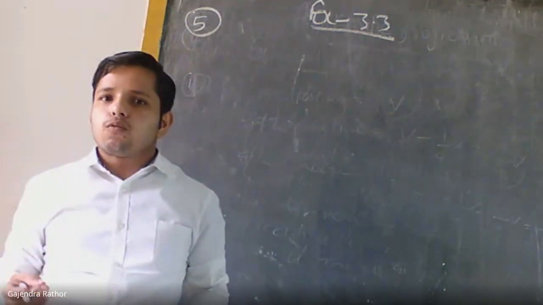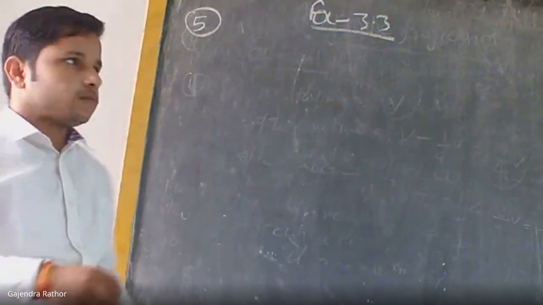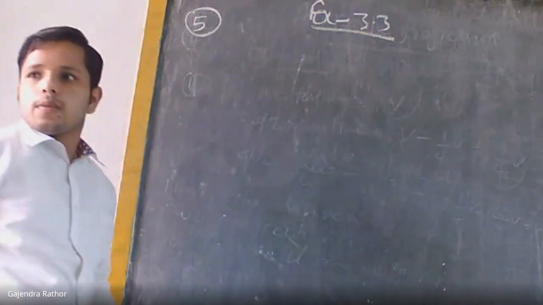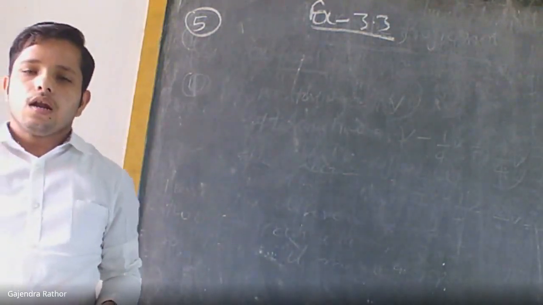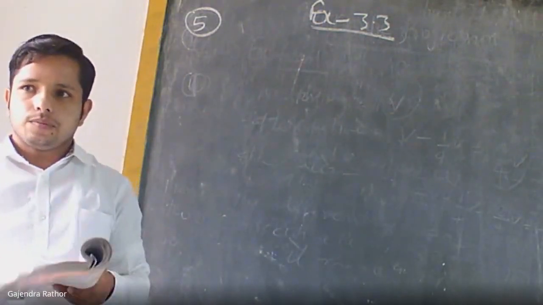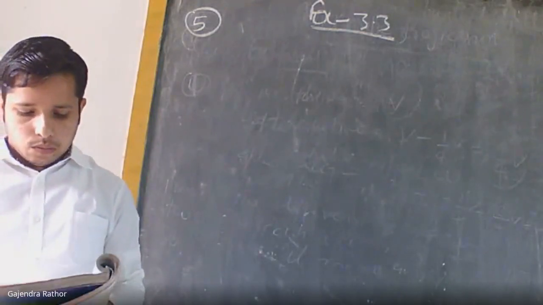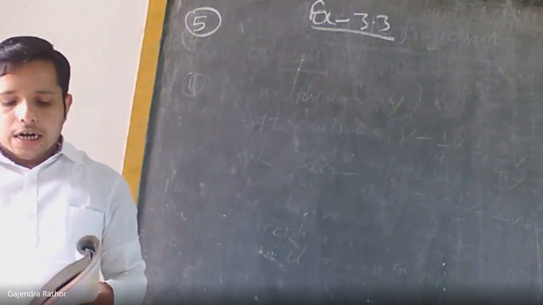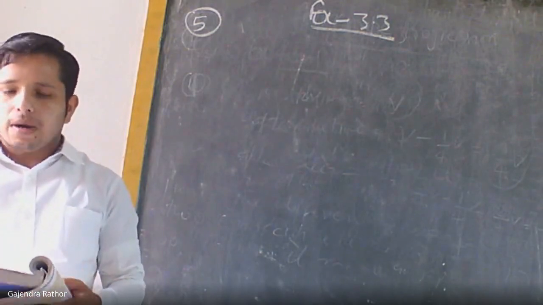So does anybody suggest what scale we should use? What is the scale we should use to draw this bar graph? I think 1 centimeter is equal to 1000.